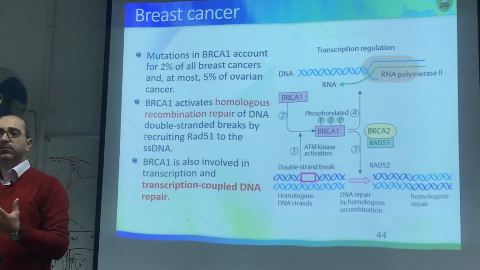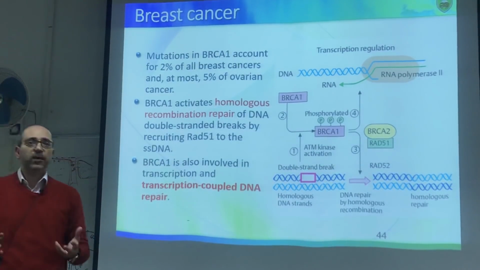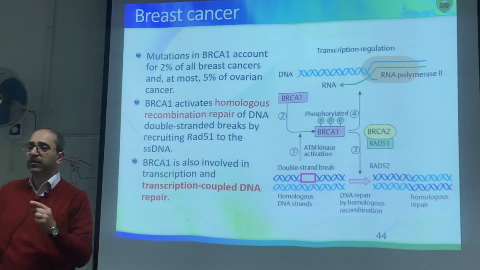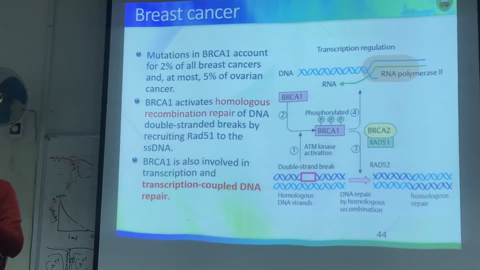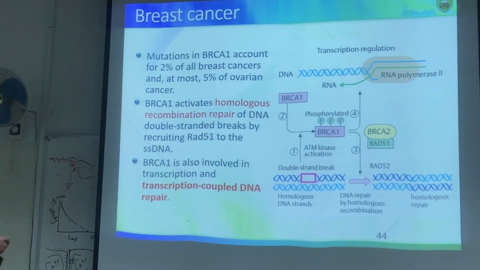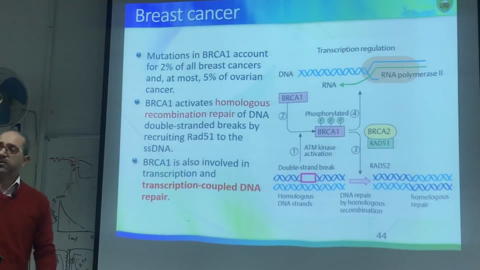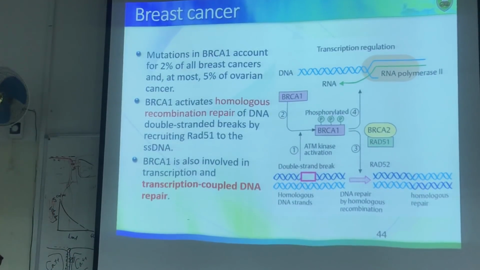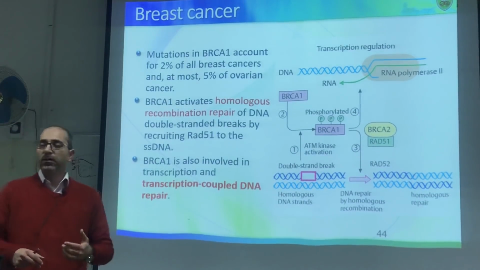And it turns out that this protein, BRCA1, as well as BRCA2, another related protein, are both involved in DNA repair, specifically homologous recombinational repair. Okay? BRCA1 is also involved in coupling transcription with DNA repair. We won't go into the details because it's all still under research.